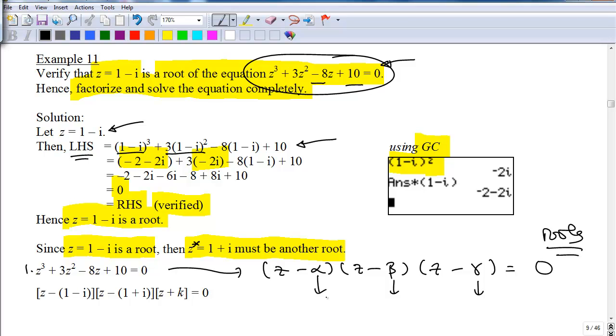For alpha I can choose 1 minus i, that is z, and for beta I can choose its complex conjugate 1 plus i, and then for gamma I can rewrite this as minus k, so that very nicely I have factorized the original cubic equation.